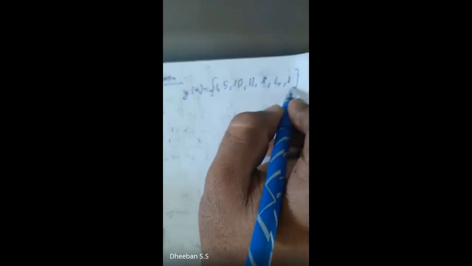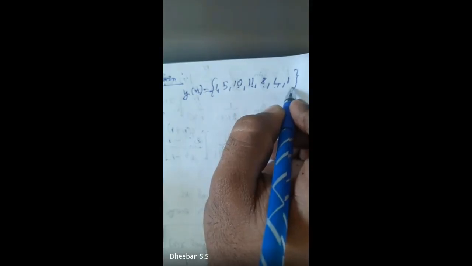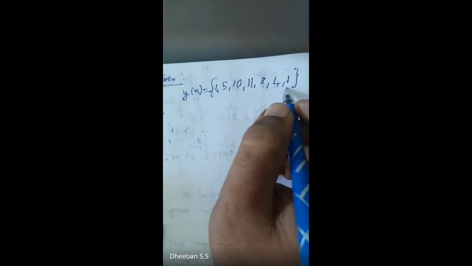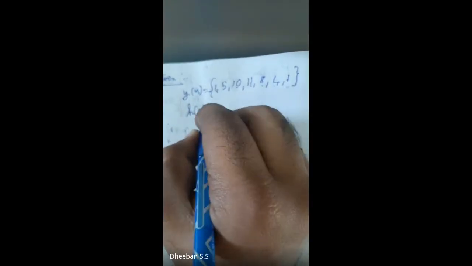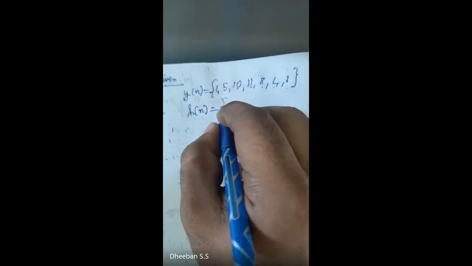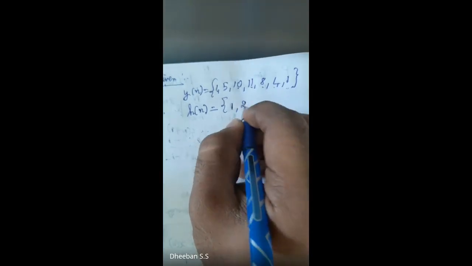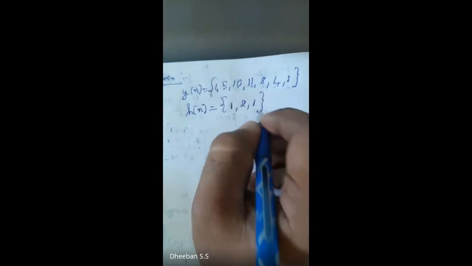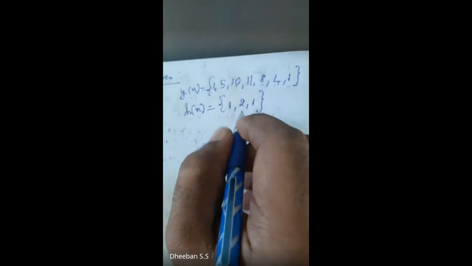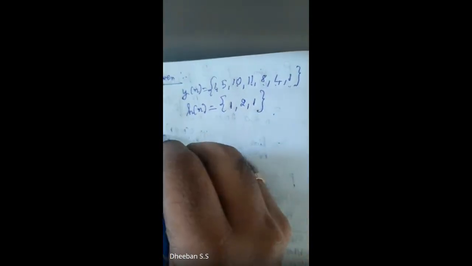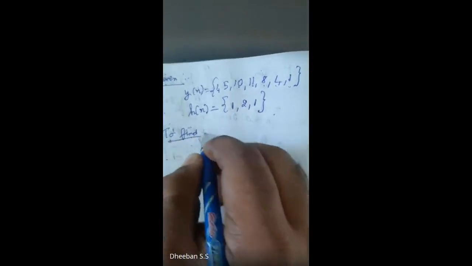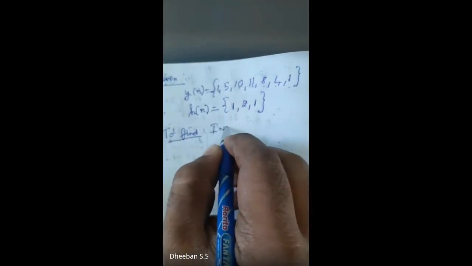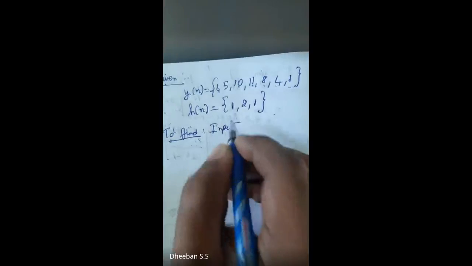So there are 7 samples. Next your h of n, your response, which is 1, 2, 1. So what is the input signal they have to find? They asked to find the input signal.